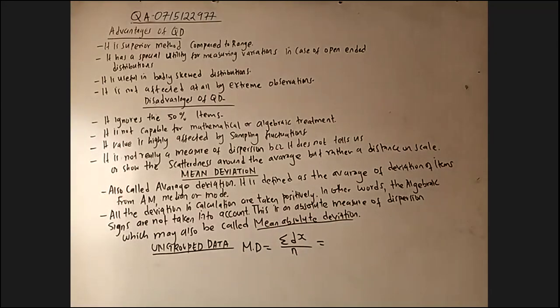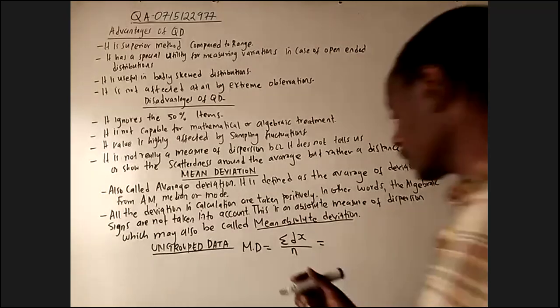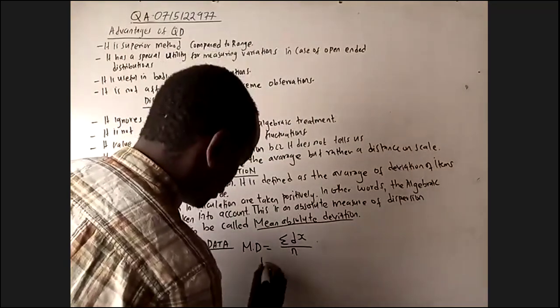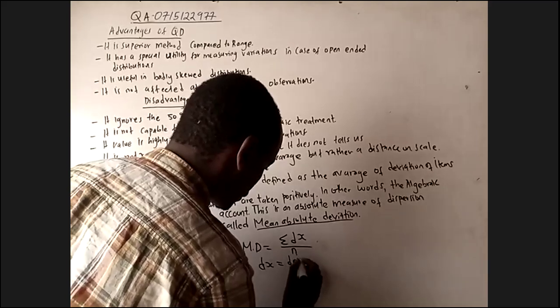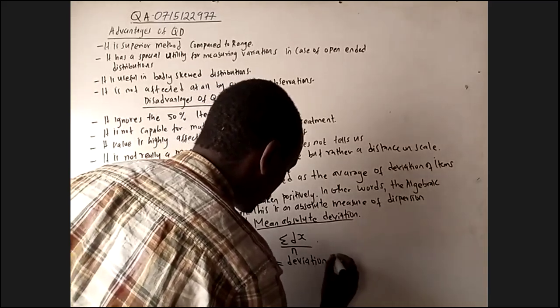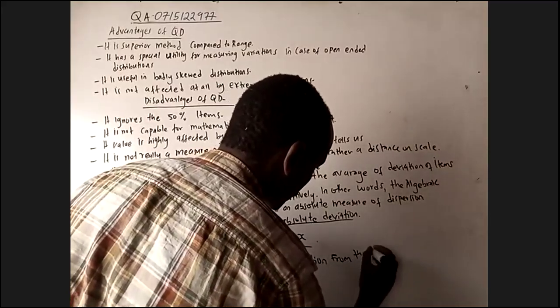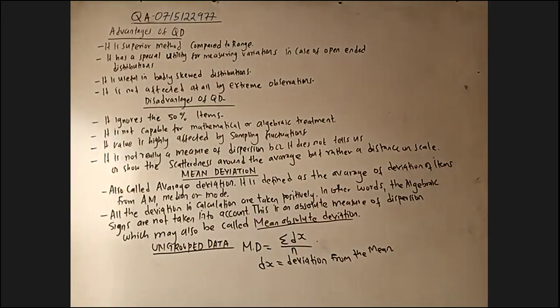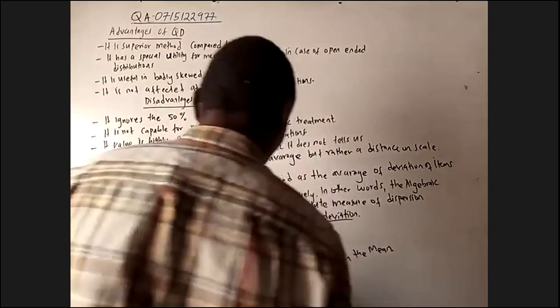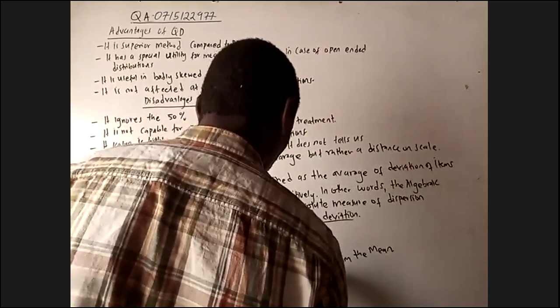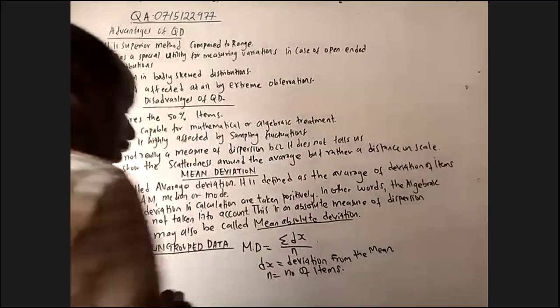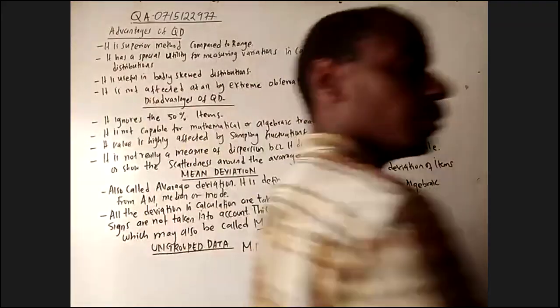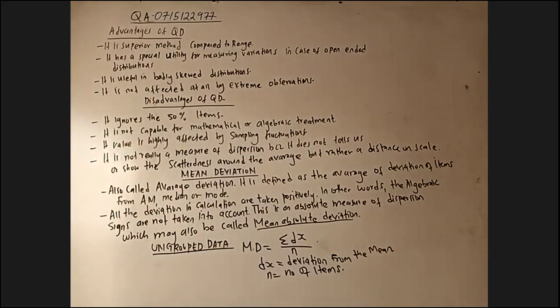But remember, dx is the deviation from the mean, n is the number of items, and MD is the mean deviation.